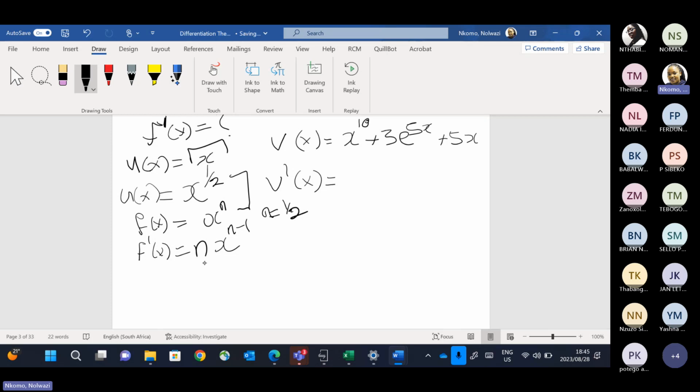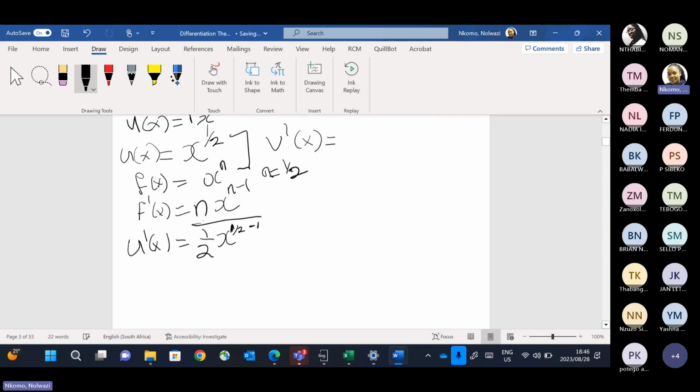So you just have to substitute 1 over 2 where there is n. If you do that, you'll have your u prime at x is 1 over 2 x to the power 1 over 2 minus 1, right? And 1 over 2 minus 1 will give you x to the power minus 1 over 2.